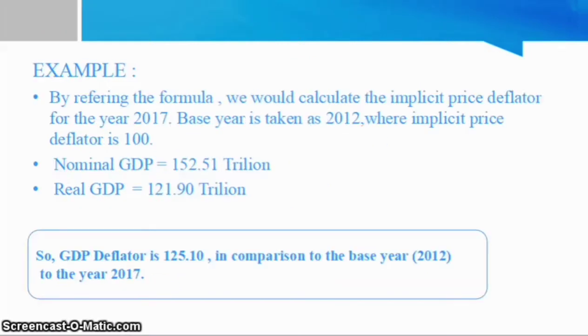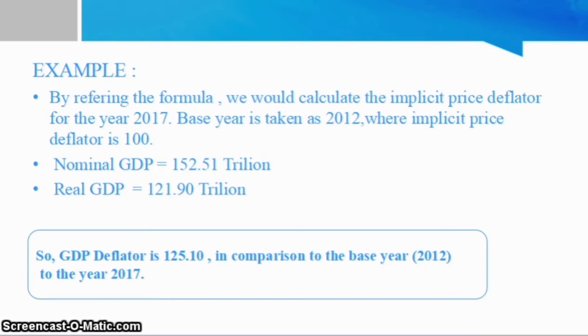Next, for example, by applying the formula, we would calculate the implicit price deflator for the year 2017. Base year is taken as 2012, where implicit price deflator is 100. Nominal GDP equals 152.51 trillion, real GDP equals 121.19 trillion.